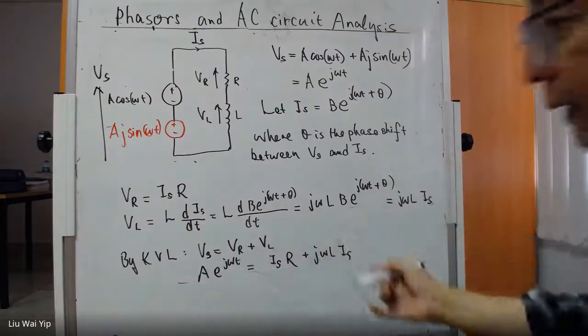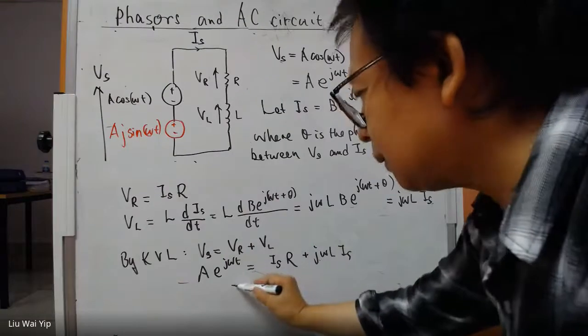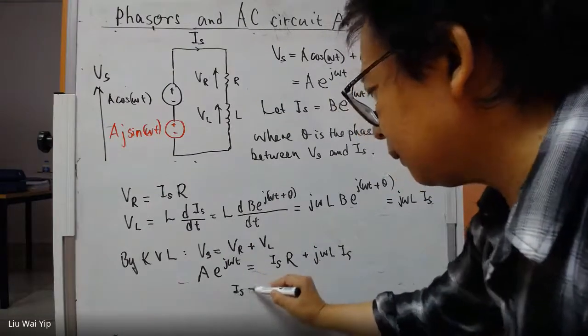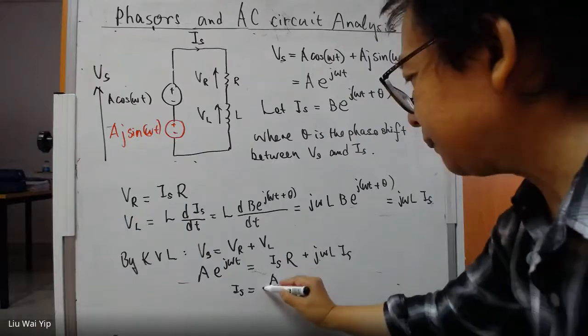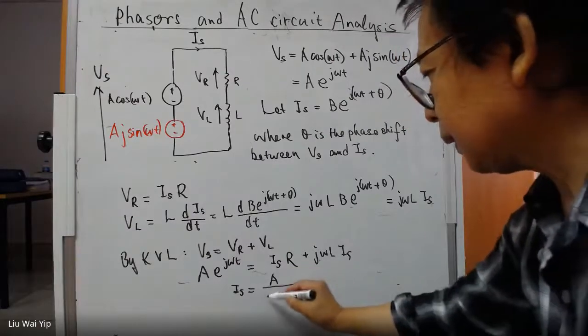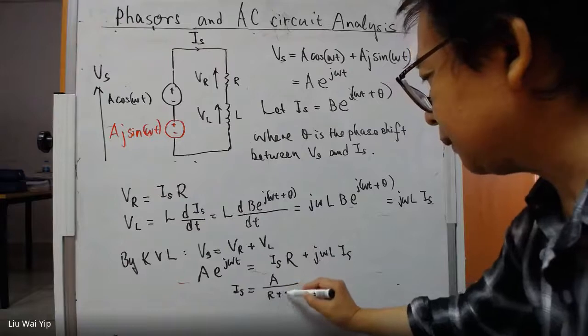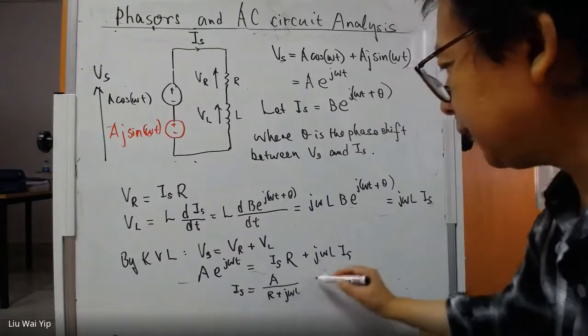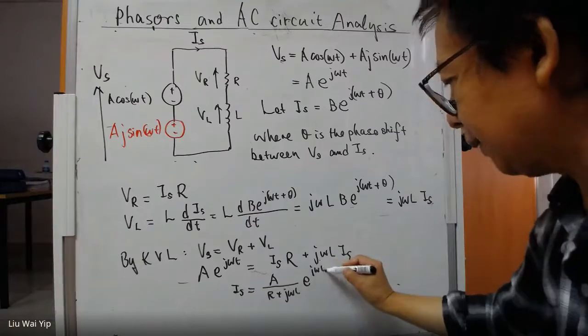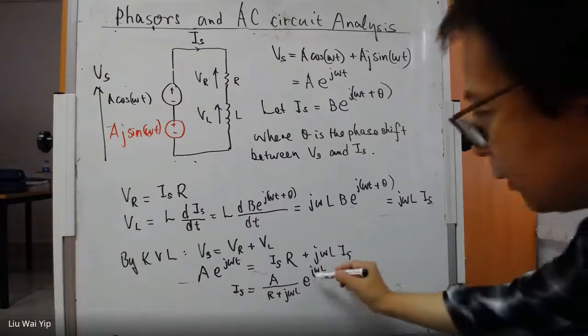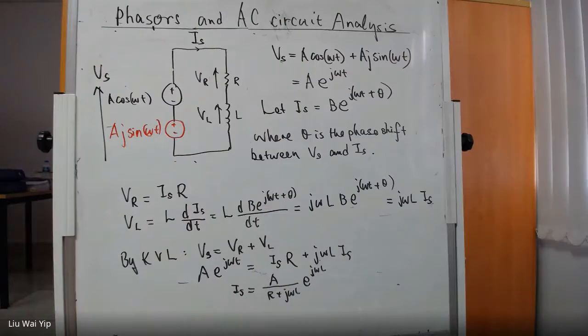Haven't we already resolved Is now? We got it. Is is A over R plus j omega L, e to the power j omega t.